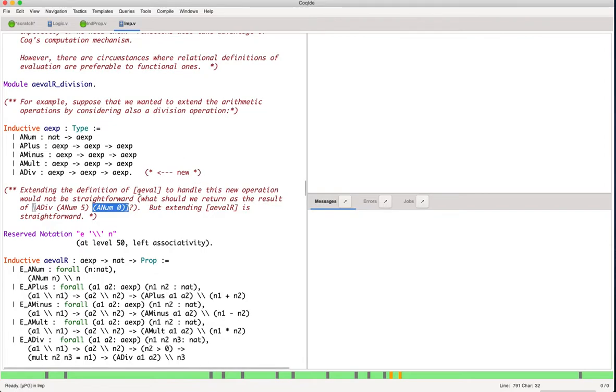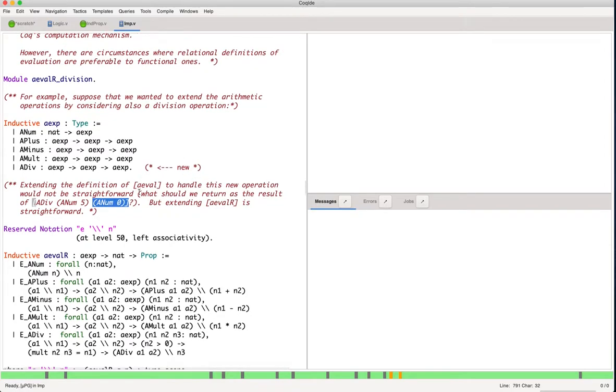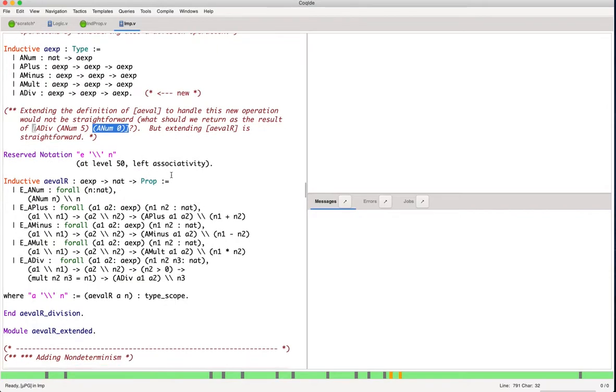Whereas modifying the relation is actually really easy because the relation, in other words, the inference rules, are only talking about cases that work. So you don't have to specify ones that don't work. In fact, that's the whole point of the relation. It's only defining the things that are in the relation, not the things that are not in the relation.